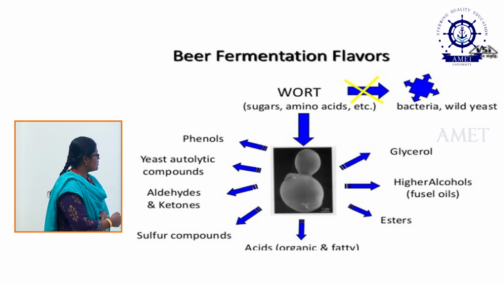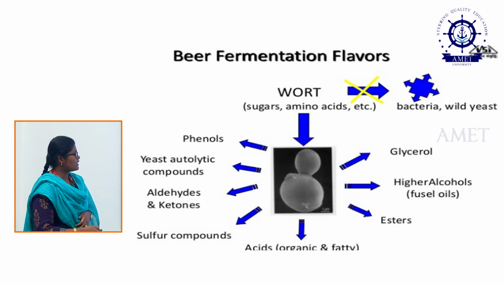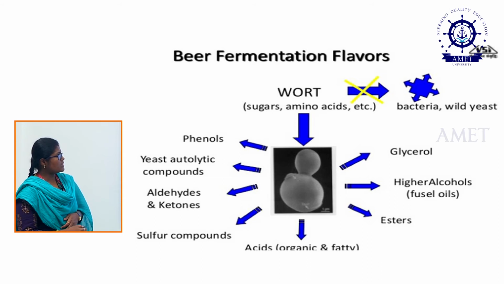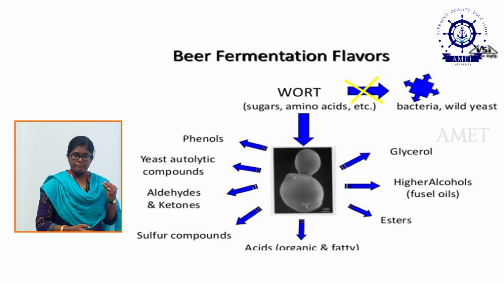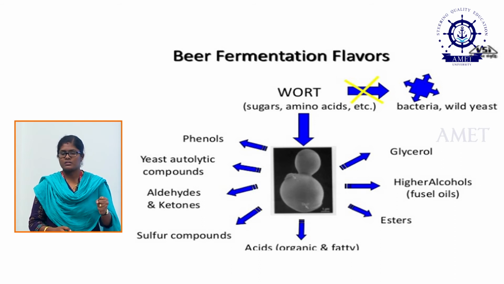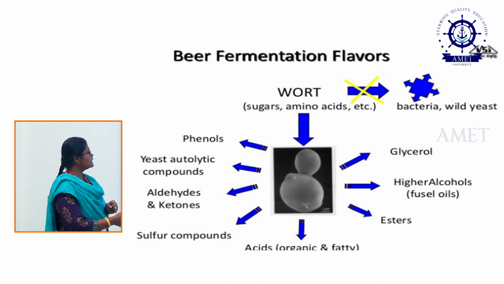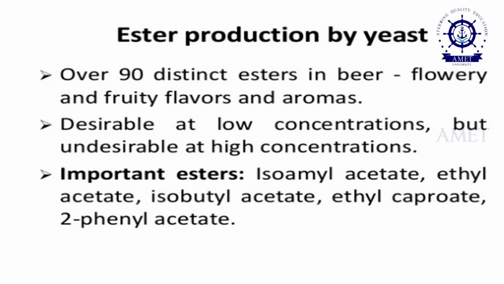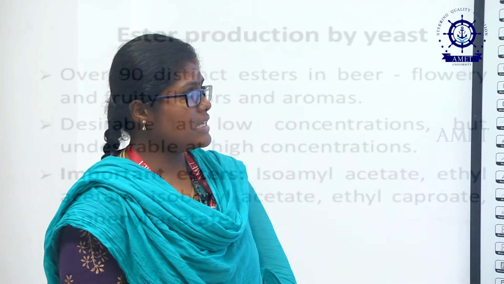So these are the phenolic compounds, glycerol, alcohols. Since wort is a very pure liquid, it doesn't have the load of bacteria or wild yeast, because it is in its purest form. The next slide is ester production: over 90 distinct types of esters are produced by the yeast in beer.